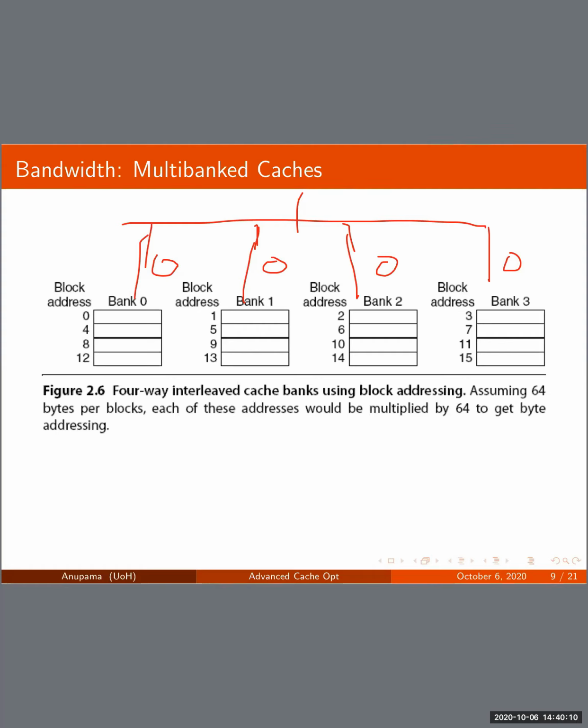Then you can read so many of them at one shot by putting one single address on the bus. So it increases the bandwidth of how much you can access in one single read access.